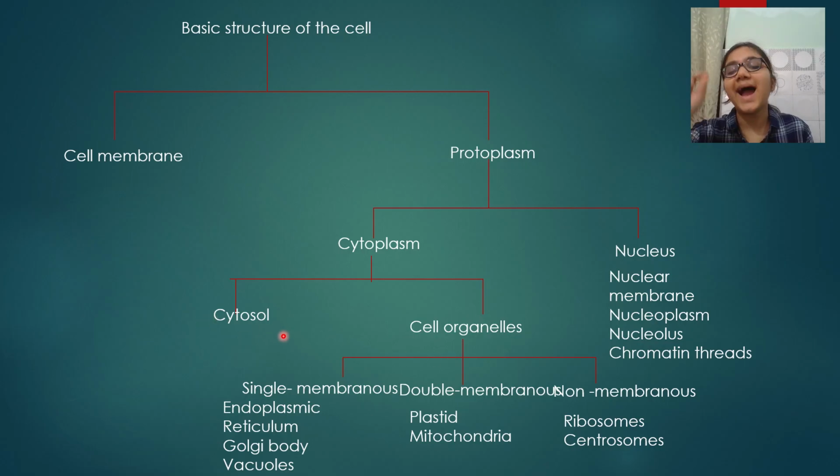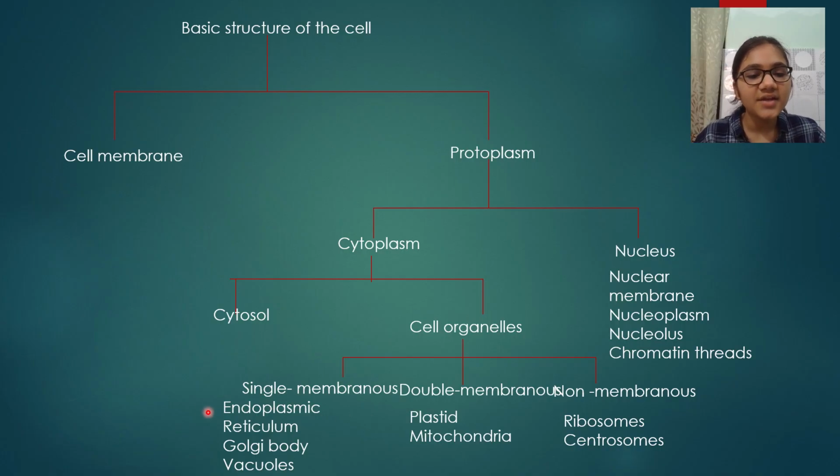Cytosol is the empty space, the aqueous and transparent material present in the cell. It contains water and gases, like H2O or CO2. Then the cell organelles are divided into single membranous, double membranous and non-membranous cell organelles.